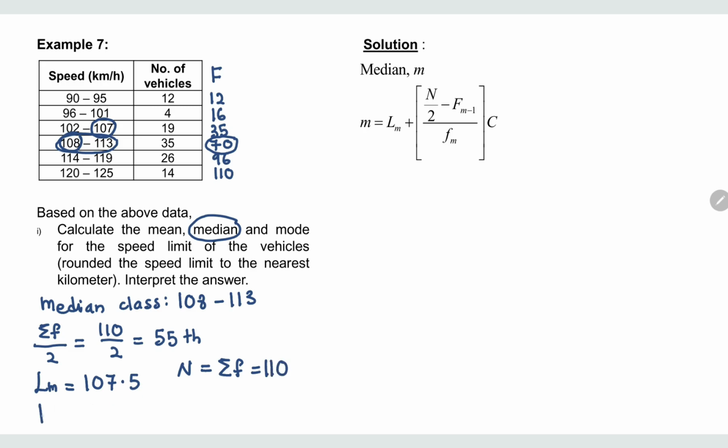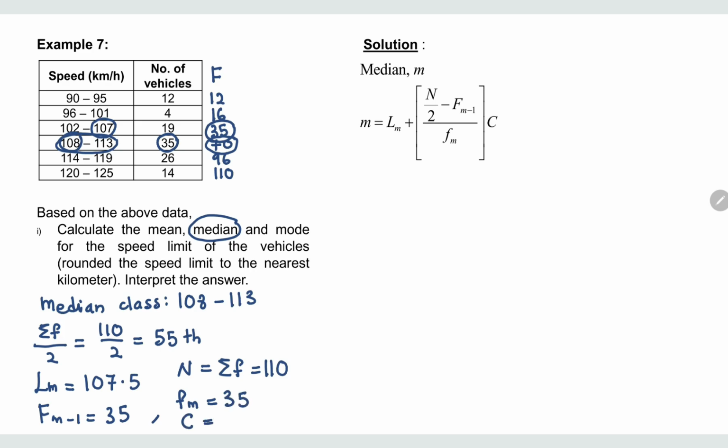We can find F n minus 1, the cumulative frequency before the median class, which is 35.